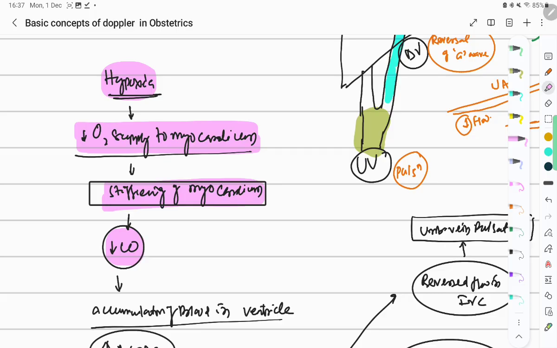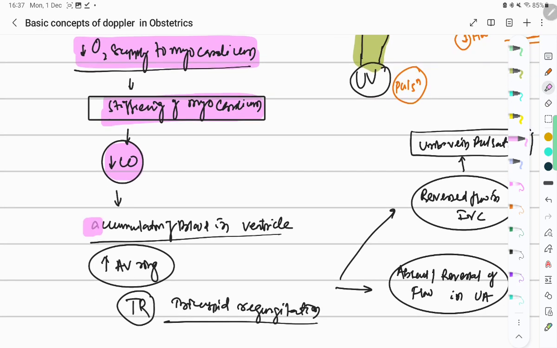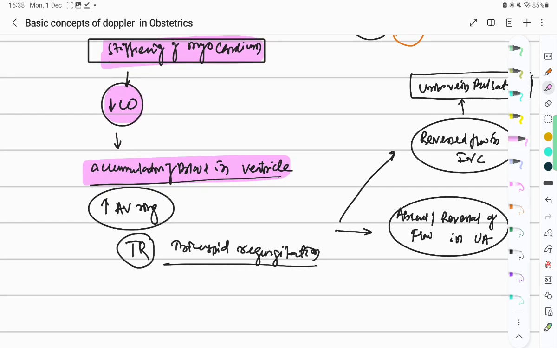Once cardiac output is diminished, all the blood coming into the heart will accumulate inside the ventricle, because the heart is not able to pump. So the ventricle will ultimately get dilated, and the atrioventricular ring will get dilated.